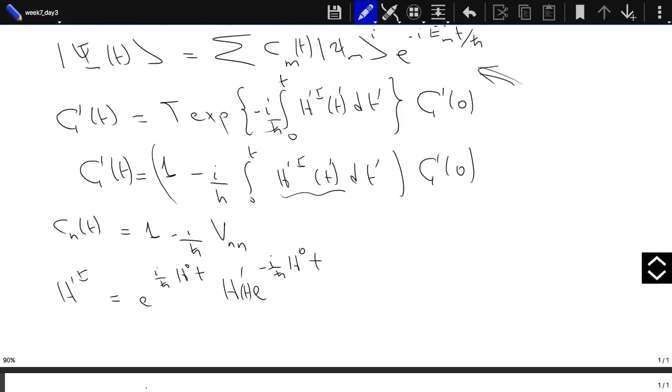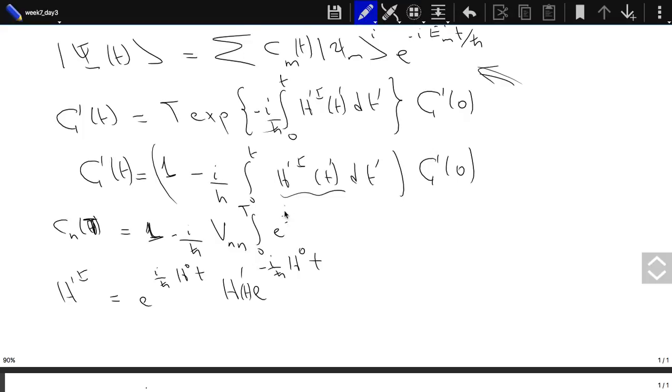And if you write the corresponding matrix for the nth term, because initially we assume that Cn is non-zero, all the other ones are 0. So Cn receives this 1 minus i over h bar Vnn, the integral from 0 up to, now let's look at large t, e to the power i over h bar.